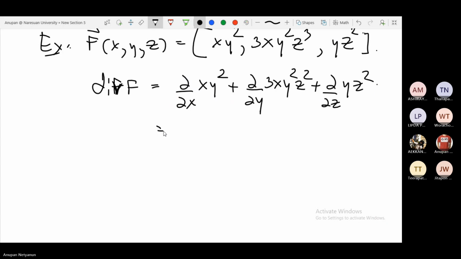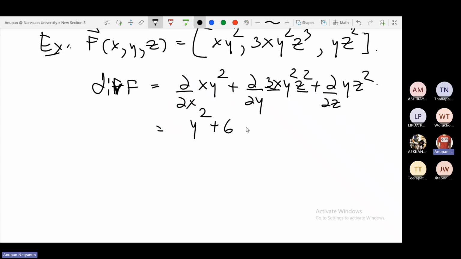Okay. Now, okay, y is constant. The derivative of this is 1. So you have y squared. Partial derivative with respect to y. So this and this are constant. The derivative of this is 2y.